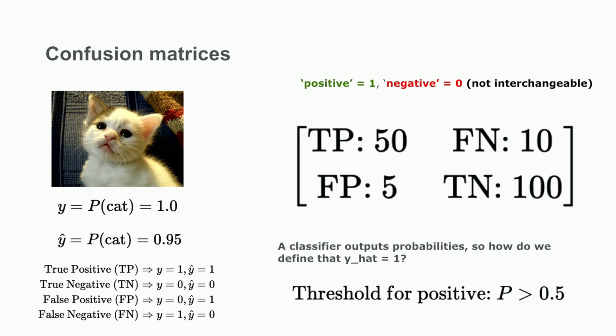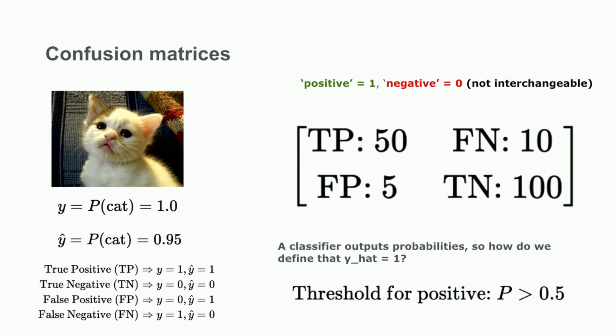However, there is no rule set in stone saying that we need to use this threshold. If we were to use a much higher threshold, for example, 0.99, we would say that this is not a cat. The prediction from the machine learning model would be a negative then.